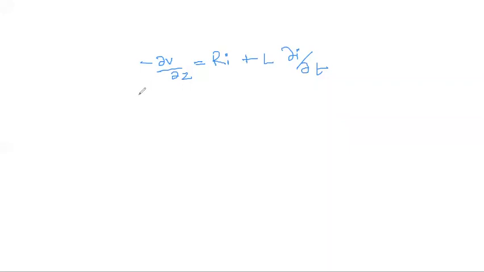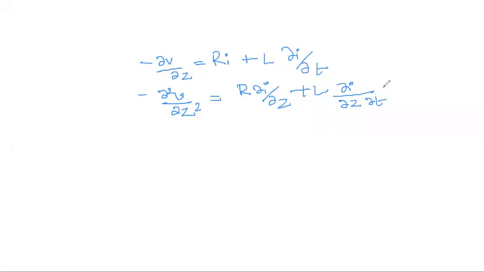If you differentiate with respect to z, there will be double differentiation. So it is minus ∂²V/∂z², which is equal to R into ∂I/∂z plus L into ∂²I/∂z∂t. So the second step you need to write down there is differentiating with respect to z.